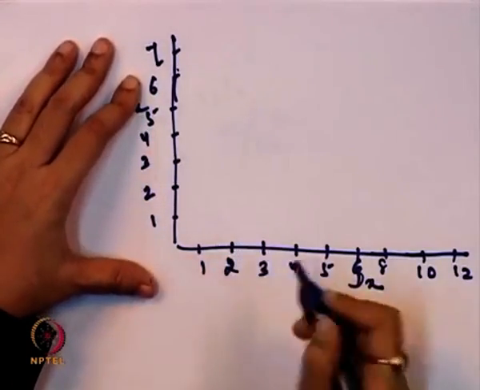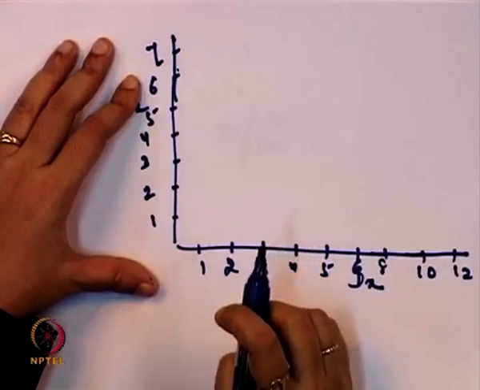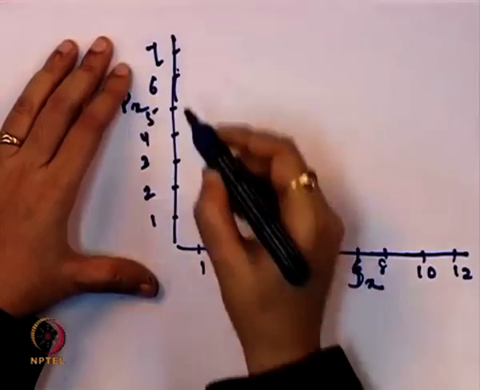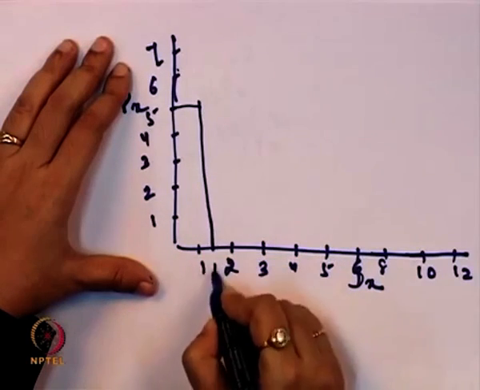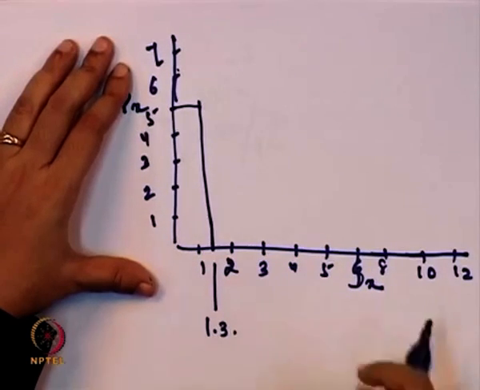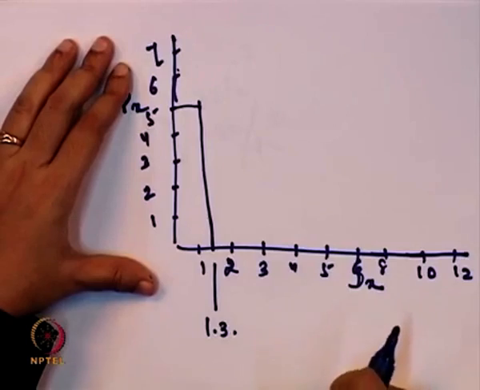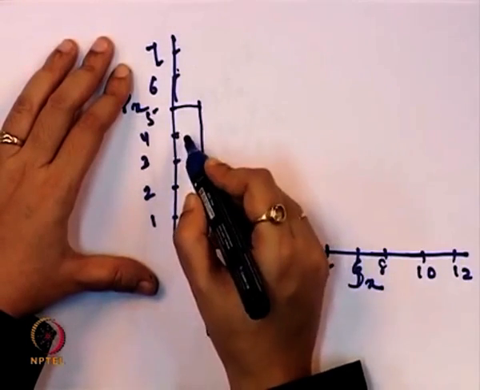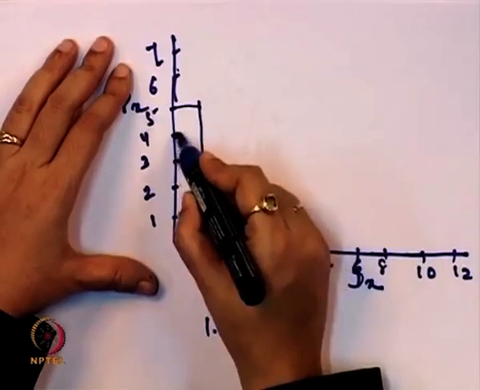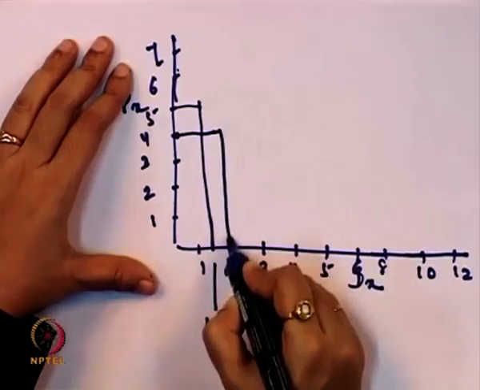When price is 5, the quantity demanded is somewhere between 1 and 2. So, let us say this is 1.3. When price is 4, the quantity demanded is 2.